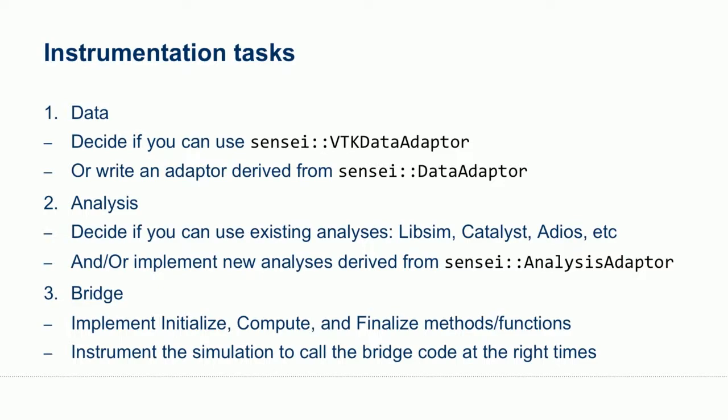Second thing you want to think about is your analysis. What are you going to do with that data? If you can use the existing analyses like Libsim or Catalyst, you're good. You can just use the ones that come with Sensei, the analysis adapters. But you also have the option to derive a new Sensei analysis adapter. And this is good for special purpose cases.